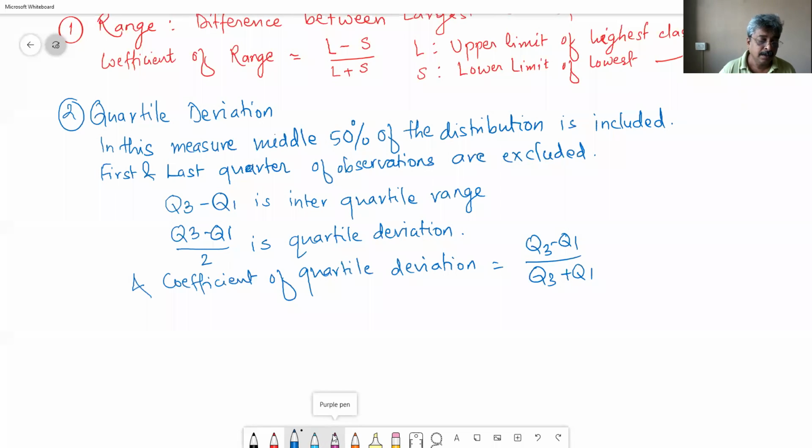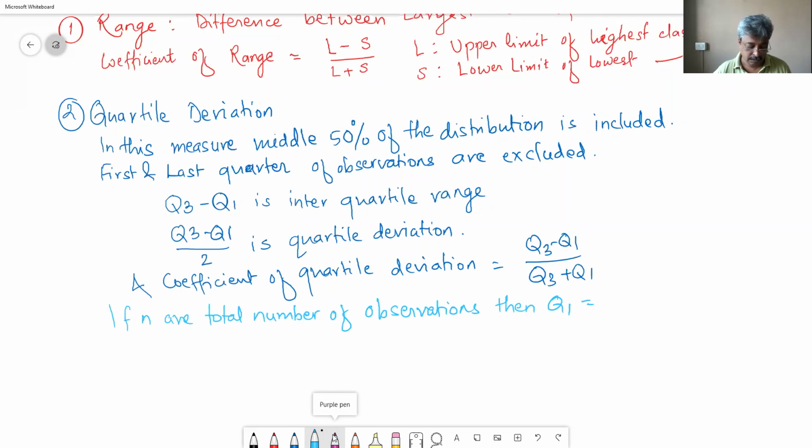If n are the total number of observations, then Q1 equals the (n plus 1) by 4th observation, and Q3 is 3 times (n plus 1) by 4th observation.